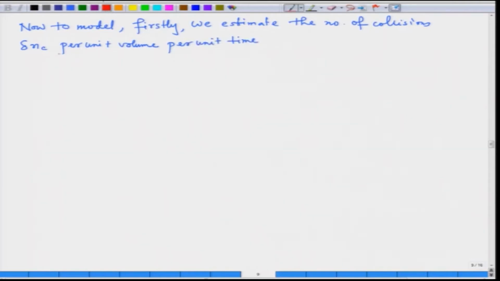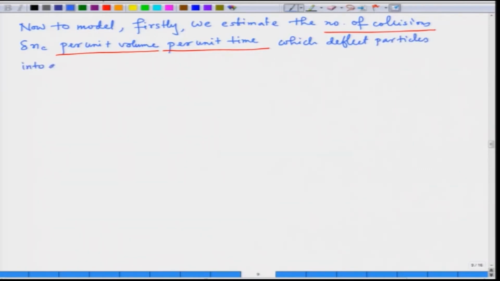Those things are important: per unit volume, per unit time, the number of collisions which deflect particles into a solid angle d omega. That is also important.